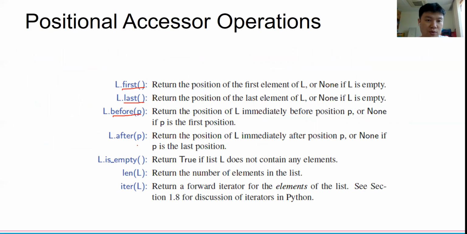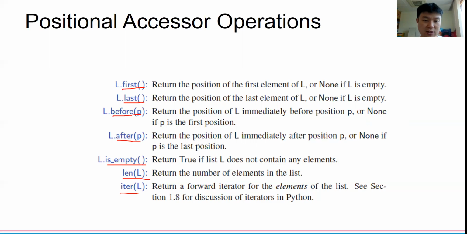After(p): I want to know the element in the position after p. We also have is_empty, which we already know returns true if the list has no element. And len means I want to know how many elements are in the list.